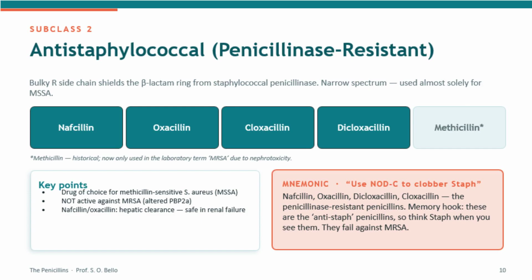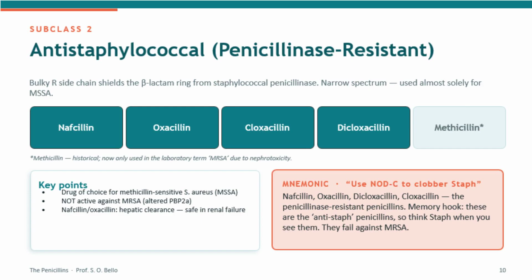The members are nafcillin, oxacillin, cloxacillin, and dicloxacillin, plus methicillin, which is now historical and only survives in the term MRSA. These drugs are narrow spectrum and used almost exclusively for methicillin-sensitive Staph aureus, or MSSA. Think skin and soft tissue infections, abscesses, and endocarditis.